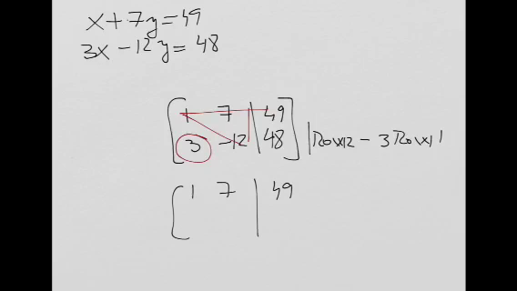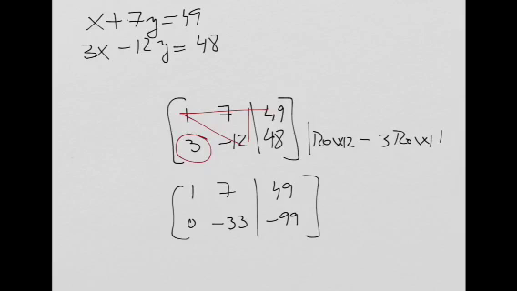The second row, if I subtract, this is going to become a 0. Now, negative 12 minus 3 times 7, that's negative 21, so I'm going to get negative 33y. And then 48 minus 3 times 49, that's negative 99.